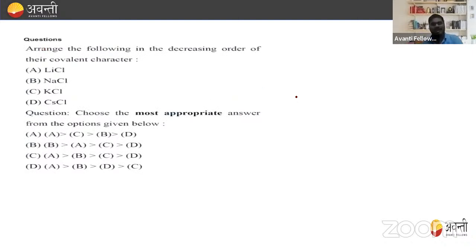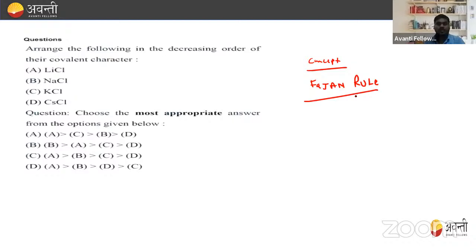Okay. Next, the last question, and this is also a very, very important question. What is the concept behind this question? This question is basically from the covalent character. And how can you predict the covalent character? By using Fajan's rule. What does Fajan's rule state?